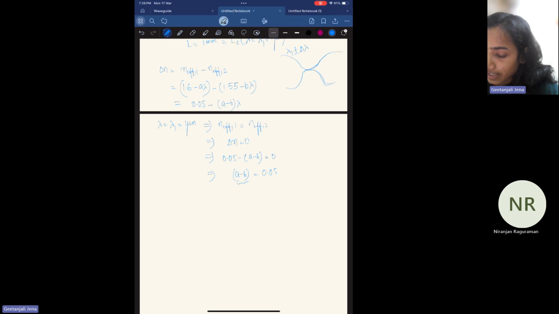So now we can rewrite delta n as 0.05 minus 0.05 lambda, which is 0.05 times (1 minus lambda).